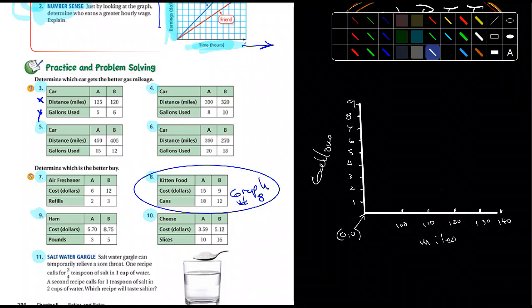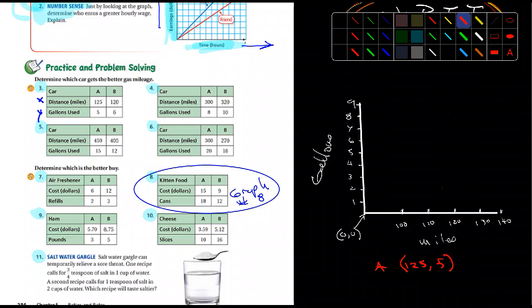So let's see here. I'll call this car A. And it's 125 is the first point, and then 5.